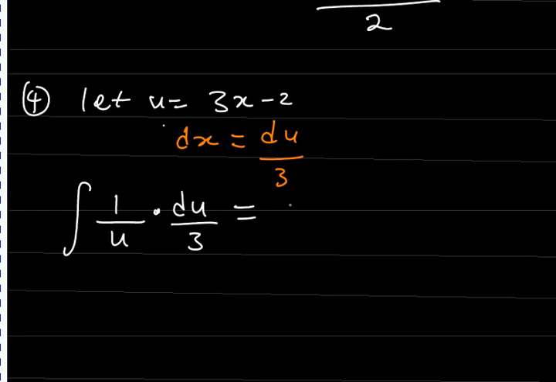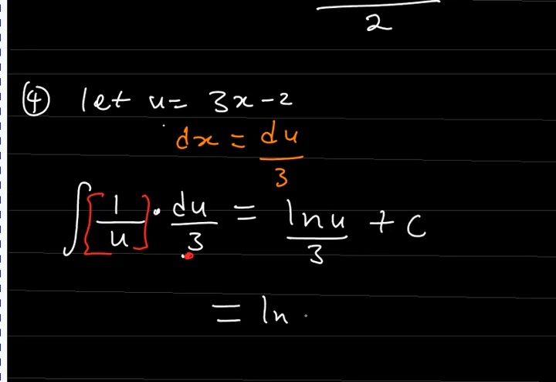If I do this, the integral value of 1 all over u is ln u. Don't forget that we still have the constant at the denominator, divided by 3, plus c.